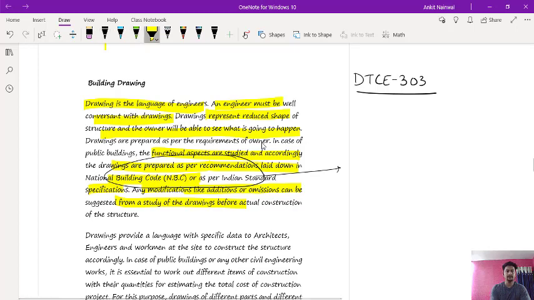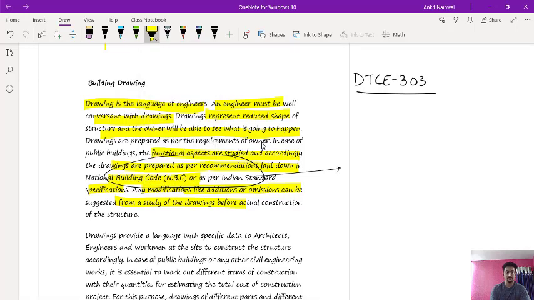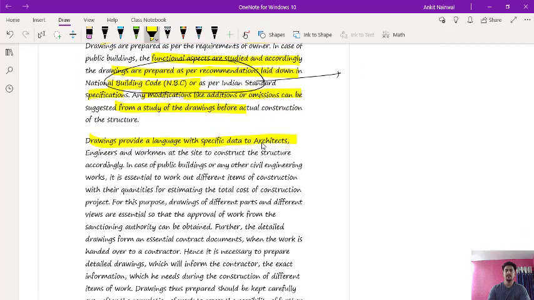So drawing provides a language with specific data to architects, engineers and workmen. For the people who are working at the site, the specification of the building, that this wall needs to be of that height, this wall must be of that length.